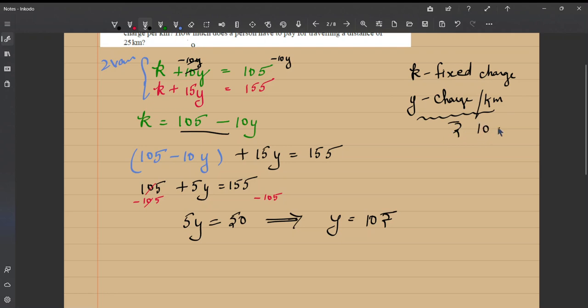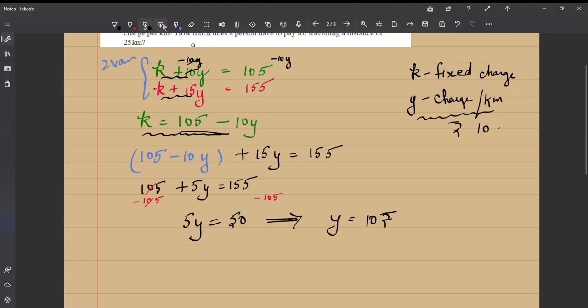It's rupee 10. But we have not yet found what is the fixed charge. I can find the fixed charge if I substitute it in either equation. I can substitute here, or in this equation, whichever is easier for me, or I can substitute in my green equation. But let me do this and see, because this seems to be easier.